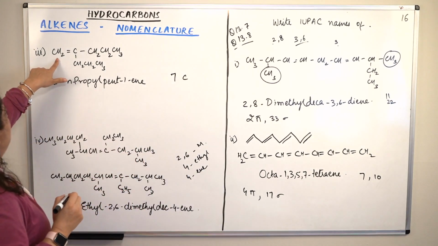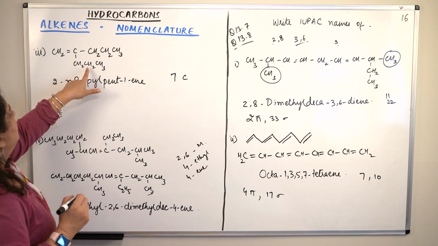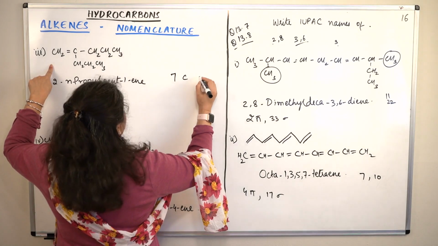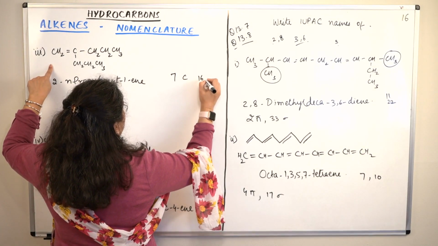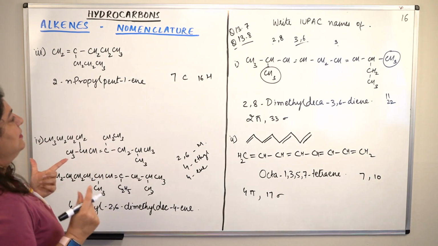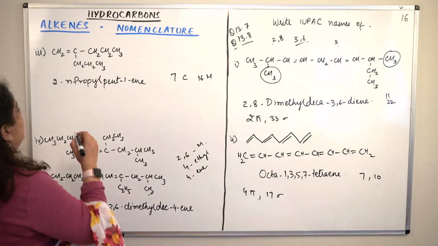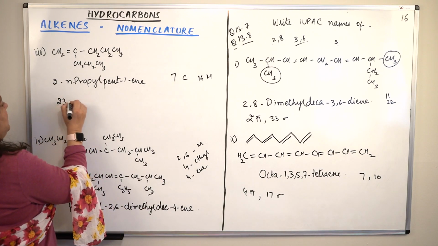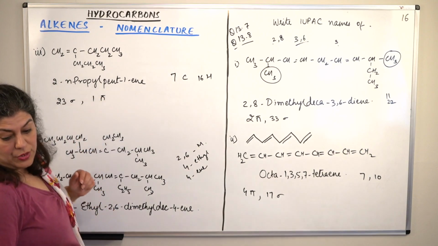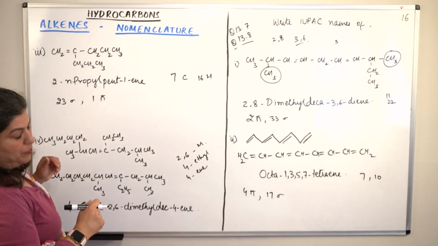With hydrogens, 2, 4, 6, 8, 10, plus 6, that is 16 hydrogens. So 16 hydrogens means 16 sigma bonds. 16 plus 7 is 23, so there will be 23 sigma bonds. And how many pi bonds? Only 1 pi bond. So there are 23 sigma bonds and 1 pi bond.